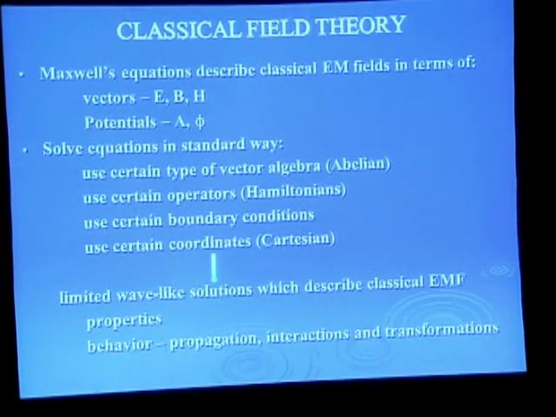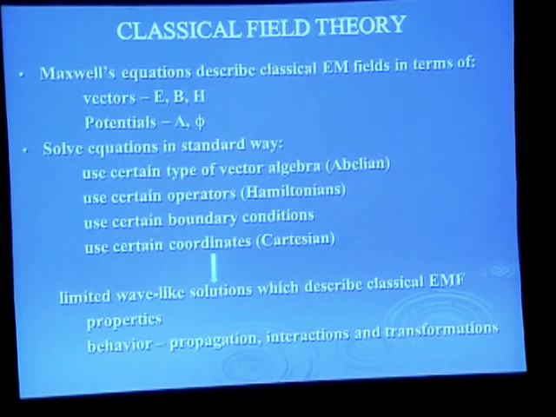So Maxwell's equations are complex, and I'm not really qualified to talk much about them, but I will anyway. They are described mathematically by these mathematical entities called E, B, and H, which are mathematical vector entities.